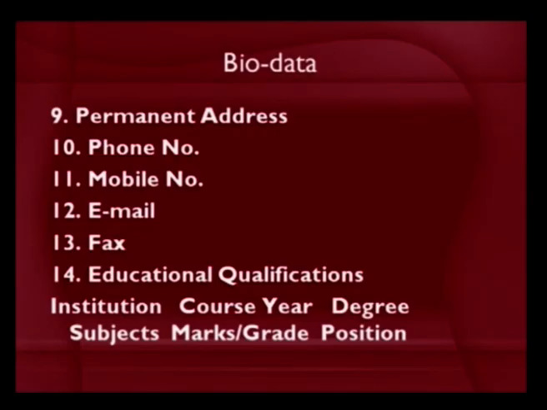Educational qualifications again has details of institution, name of the course, year in which it is passed, and sometimes the entire duration is given, date of joining and date of leaving, degree, what is the degree, BTech, MTech, BA, MA, subjects, very briefly it is mentioned.